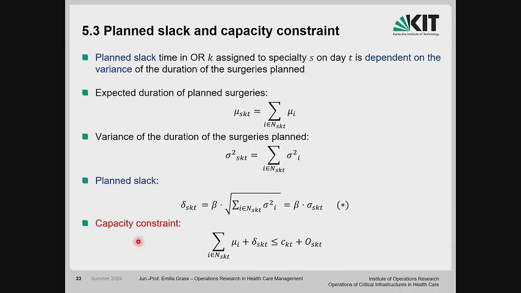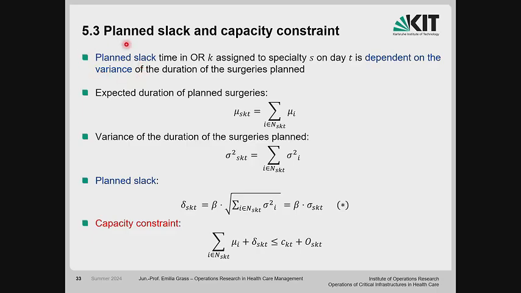Okay, so how to determine the planned slack, and how to also account for the capacity constraint. The planned slack time depends only on the variance of the duration and not the expected mean value, because it doesn't matter if we expect a 2-hour or 3-hour duration.